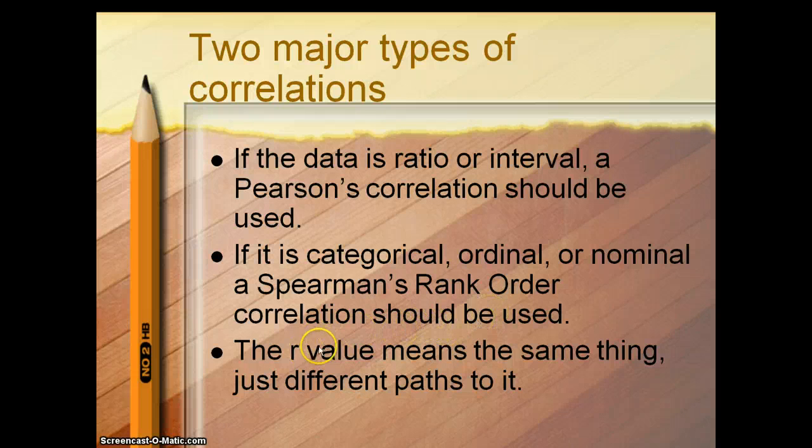What you get, what's called an R value, is the same. It doesn't matter which one of these you run. They're just different paths to getting that same value. Whether you run the Pearson's or the Spearman's, you're going to get an R score. The value of it, whether it's a strong positive or weak negative, doesn't change depending on which test you run. But you've got to pick the right test.